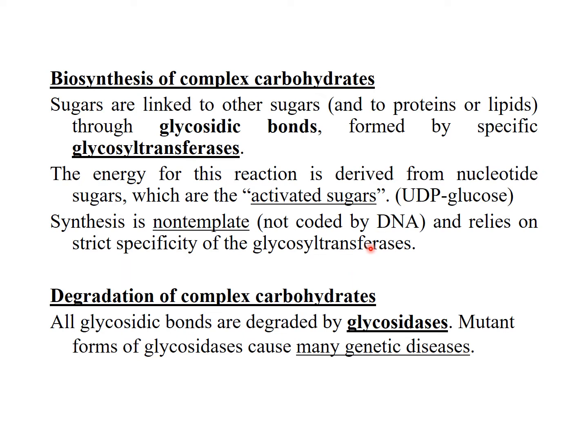So as many glycosyl transferases as we needed for synthesis, as many glycosidases we need to break those complex carbohydrates and the linkage of the carbohydrates to the proteins or lipids. These glycosidases reside in the lysosome, and you will learn later about many genetic disorders related to the breakdown of these modified proteins, oligosaccharide units, or polysaccharide units.